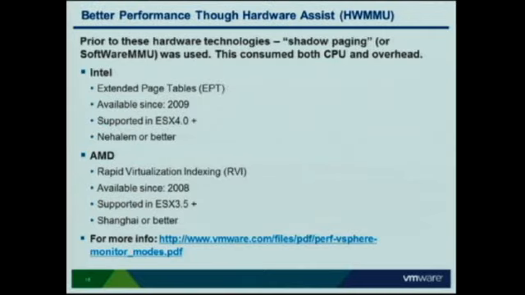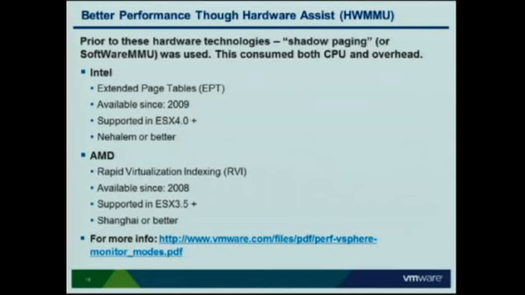One of the other ways that we can get better performance out of the memory side of things is hardware MMU, or HWMMU. Prior to that technology, we used what was called shadow paging or software MMU. The idea behind this is that all the memory transforms, all the memory changes, the memory mapping, everything to do with memory inside of that VM, was all done in software beforehand.